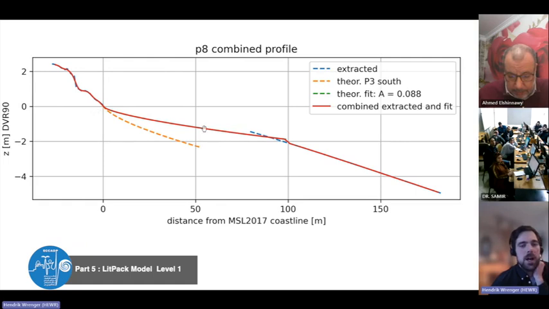What we did here is now we fitted the equilibrium profile to meet the offshore bathymetry 100 meters off the coast. That's one way of doing it. And you can with that argue, okay, the sediment that we found on the beach might not continue offshore.